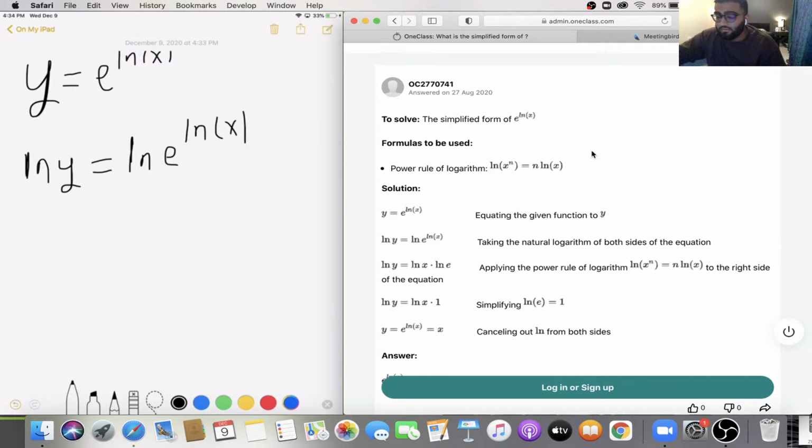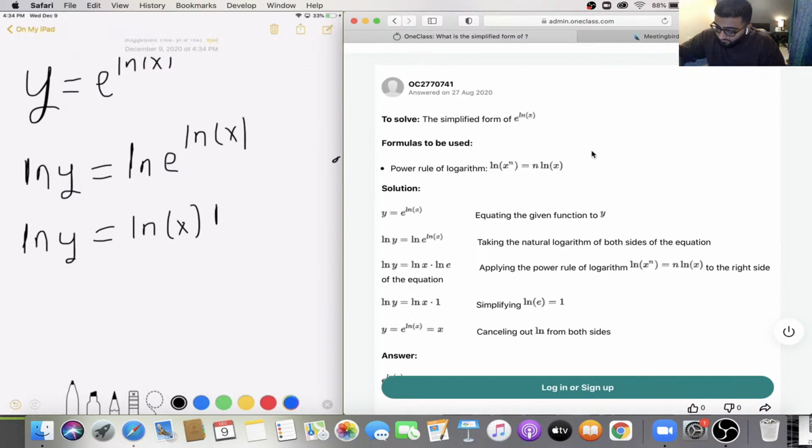x. Now here we're going to use a simple rule to bring the power of the ln function to the left side of the expression. So we're going to bring the power to the front, basically. So here ln y equals ln x. We're bringing the exponent down in front of the expression, where we have ln e here.